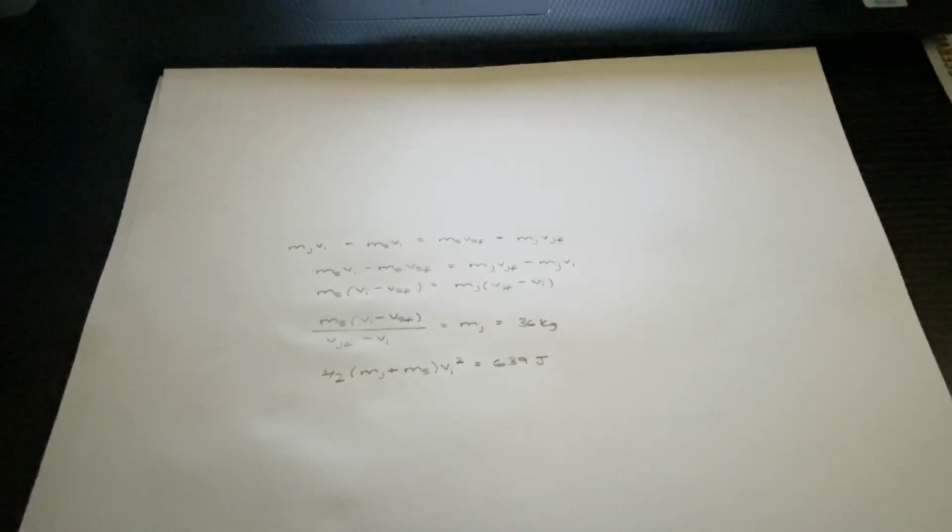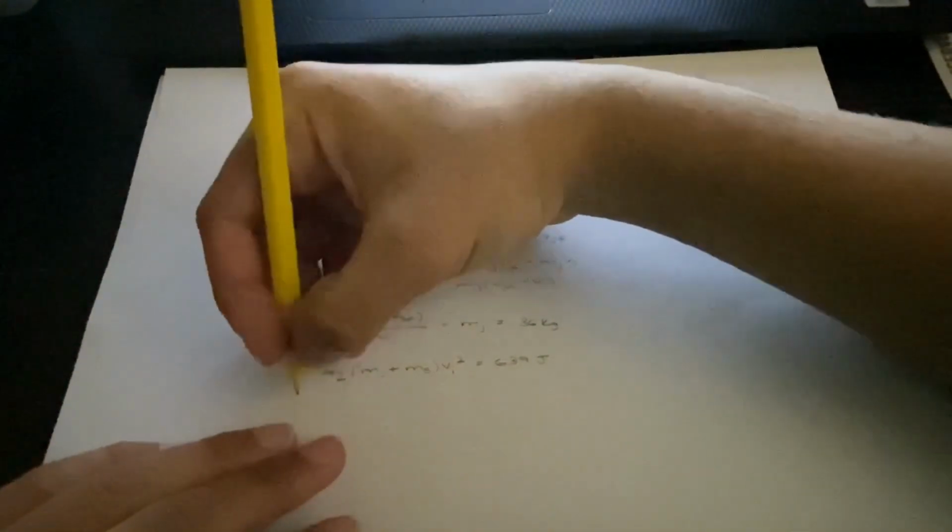Now for our final kinetic energy, we can use the equation 1/2 mj vjf squared plus 1/2 ms vsf squared. So that equation is going to look like this.